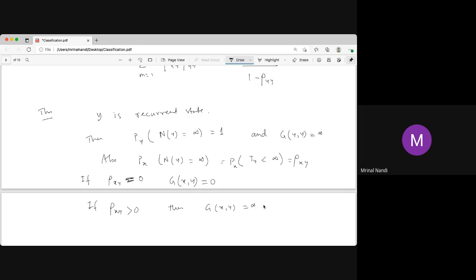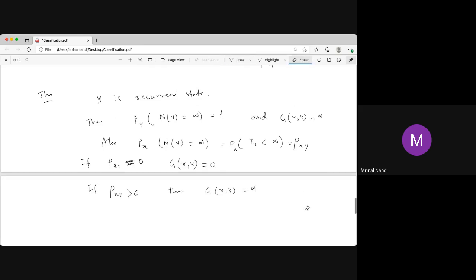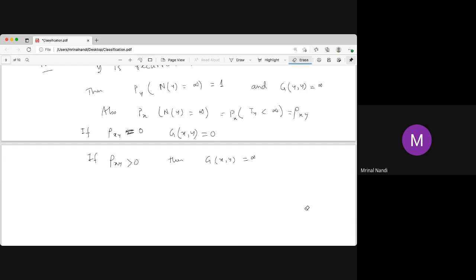So for a recurrent state, the expected number of visits is either 0 or infinite. That is a common concept. If it is visited, it should be visited infinitely often. Once it reaches y, you come back to y with probability 1, again come back with probability 1, again come back with probability 1. So it is visited infinitely many times.